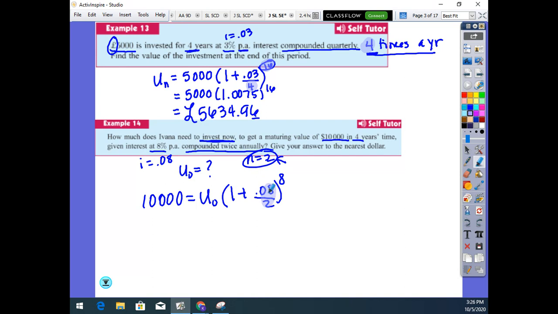I divide the interest and I multiply by my years. All right. So I'm going to simplify my interest. So this is 1 plus, when I divide 0.08 by 2, I get 0.04, to the 8th. To get U sub 0 by itself, I just divide both sides.